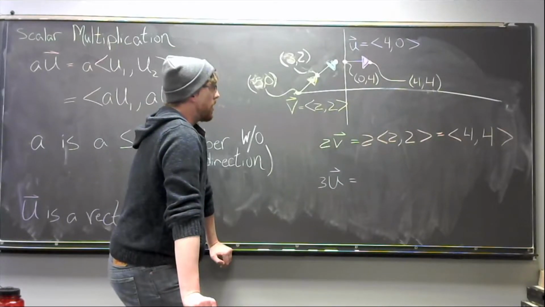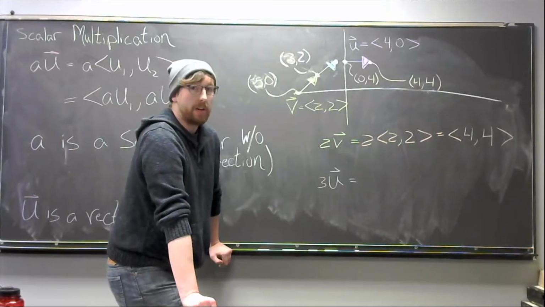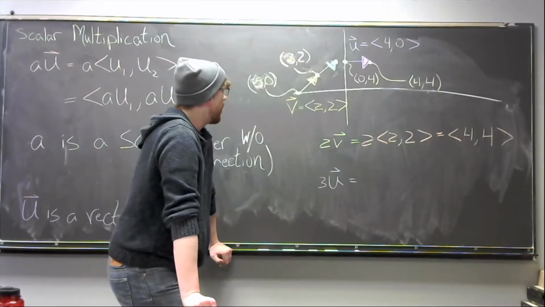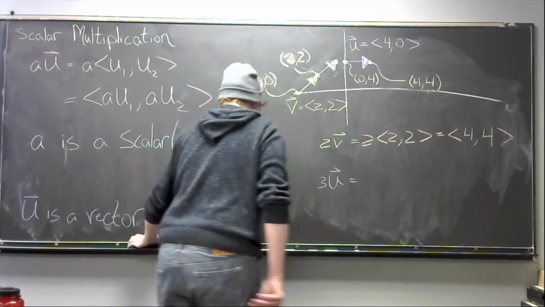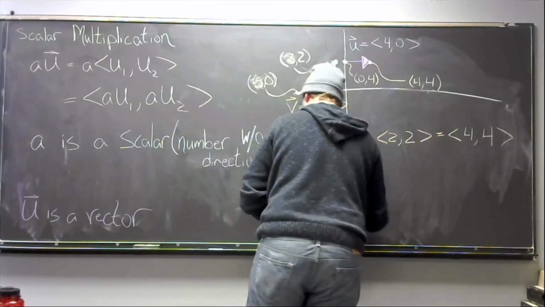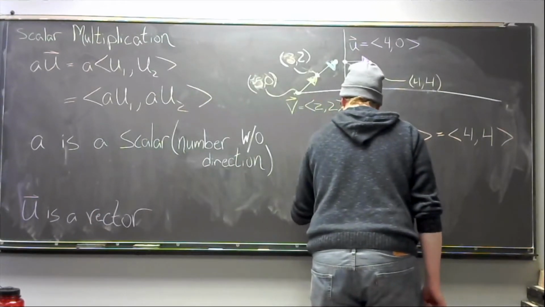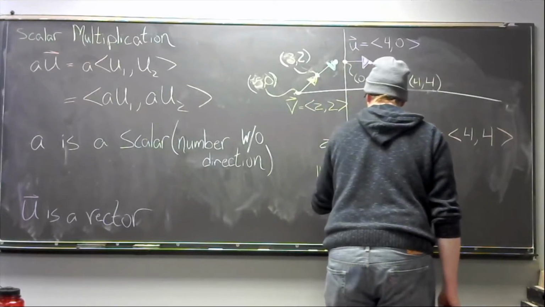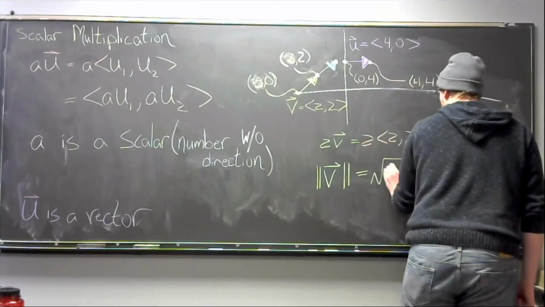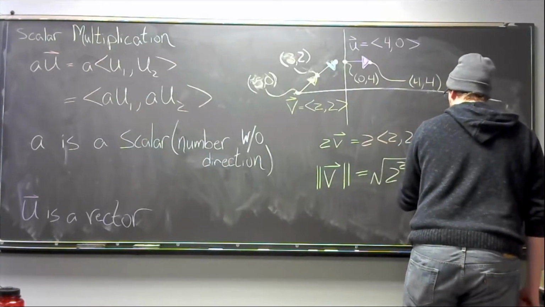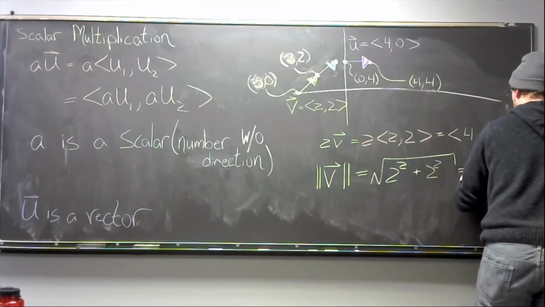We want to see if 2v is actually twice as long as what v is. Well, v is the vector 2, 2. So the magnitude of v is going to be the square root of 2 squared plus 2 squared, which is just going to be the square root of 8.